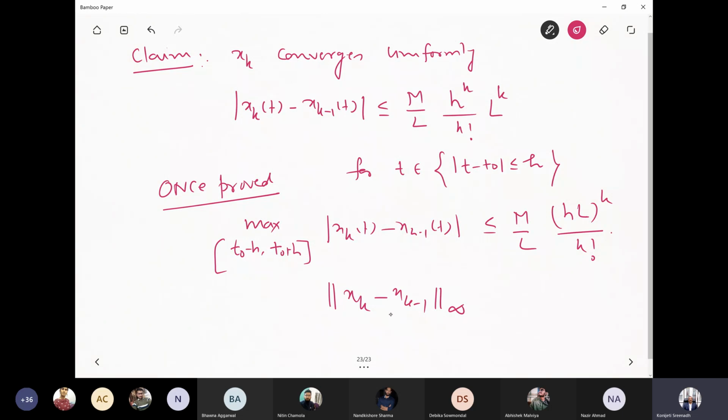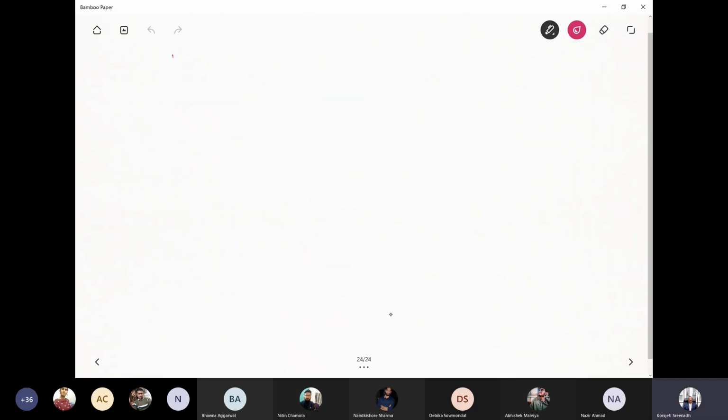So this goes to 0 because this fellow goes to 0 as k tends to infinity. Why does that fellow go to 0 as k tends to infinity? Let us see that. h into L power k by factorial k. So we can write this as hL by 1, hL by 2, like this, k times.